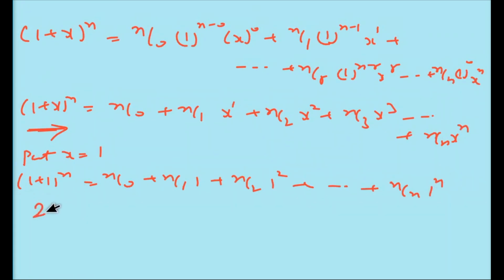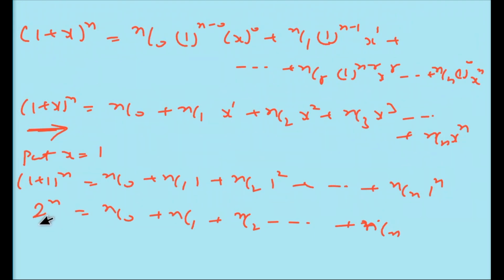So we get here 2 to the power n equal to nC0 plus nC1 plus nC2 and so on up to nCn. So this is a very useful formula. nC0 plus nC1 plus nC2 plus up to nCn, the sum is 2 to the power n.